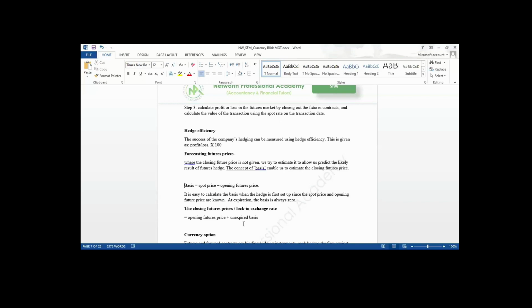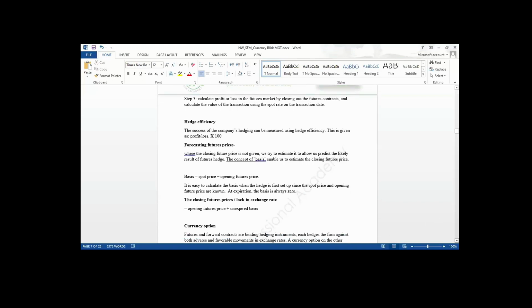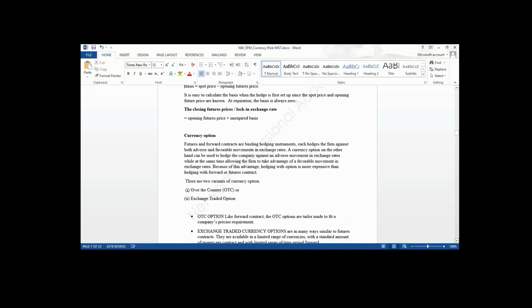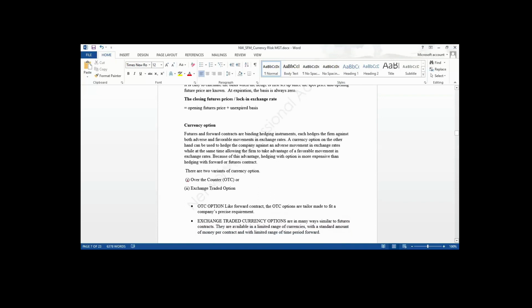When we say lock-in, that is the binding exchange rate for that transaction. I'm hoping we are going to demonstrate that tonight. Currency futures. Let me take this for 10 minutes. We'll now start questions.